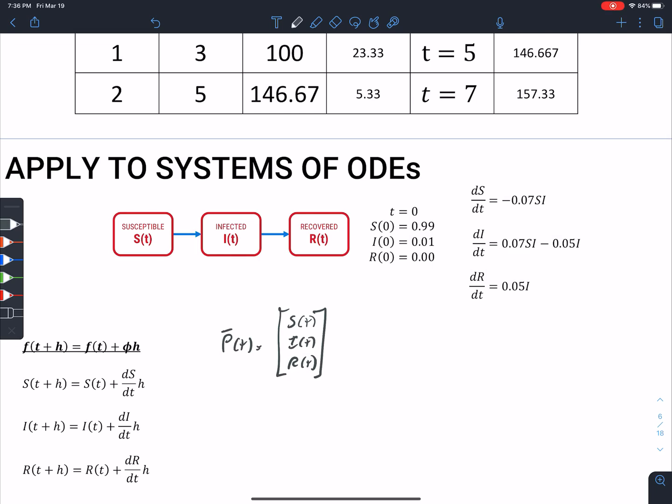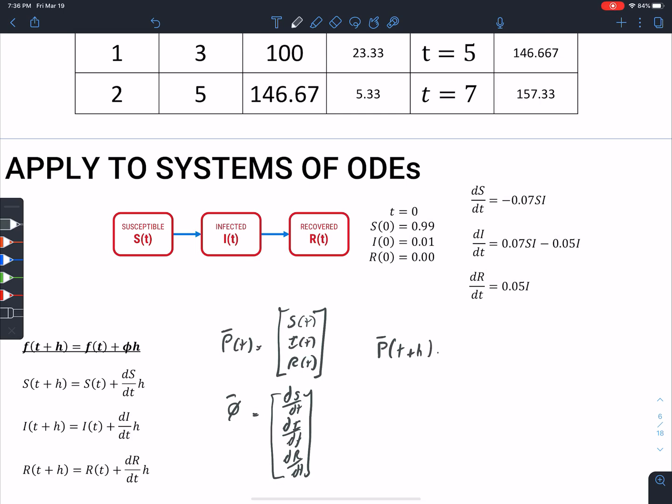We compute our phi of t for Euler's method. Now this will also be a vector, right? So this will be dS dt, dI dt, and dR dt. So we concatenate these 3 values into a vector, and then we essentially compute the Euler method on the vector of 3 functions that we'd like to solve.